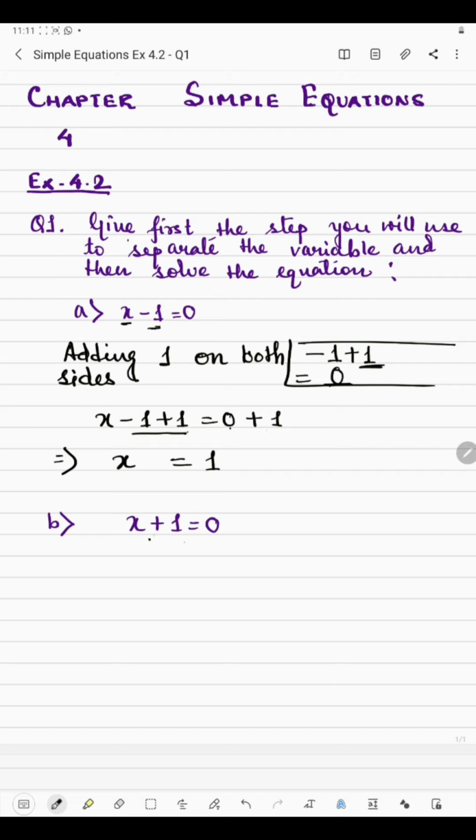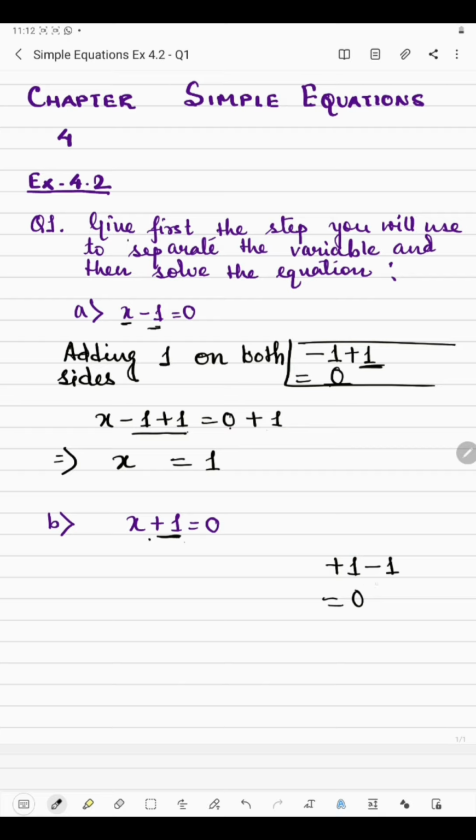Now again we will have to separate the variable from the constant. Here plus 1 is given, so how to remove it? If you take -1, then plus minus minus, so 1 minus 1 is 0. So that means if you take -1, then this constant will become 0.